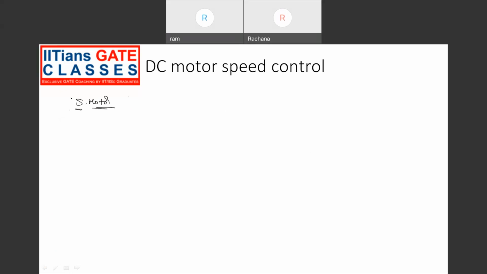Series motor speed control. The first method is the field diverter method.